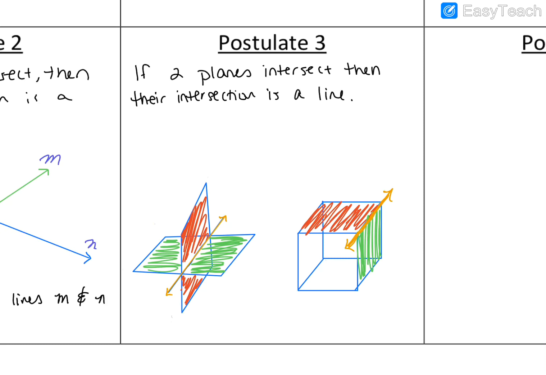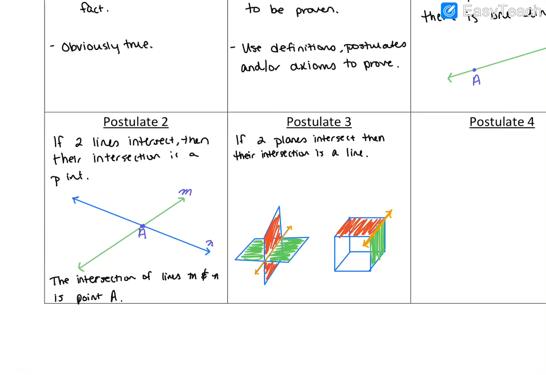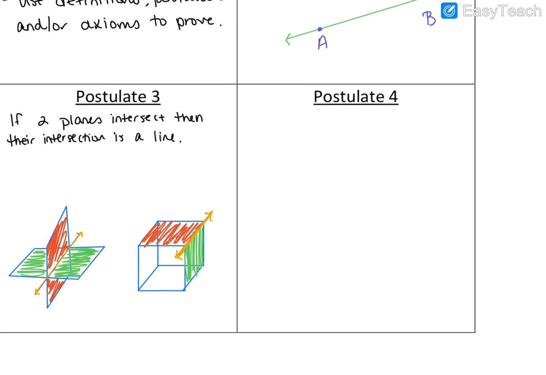Okay. Now, this last postulate, in class we are going to demo it, but for those online students, there are a couple of things that we can talk about to help visualize it. Okay, basically what this says is we're going to talk about a unique plane. If I had just one point, it would be within tons of different planes. If I had 2 points, we could think about a door.